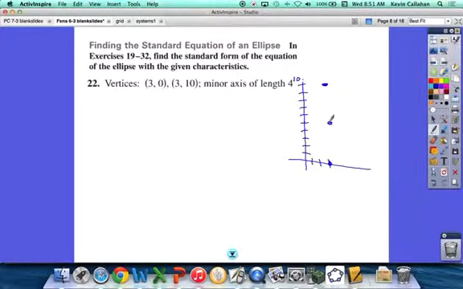The center, h, k, is (3, 5). It's halfway in between. Okay, knowing that, what is a?